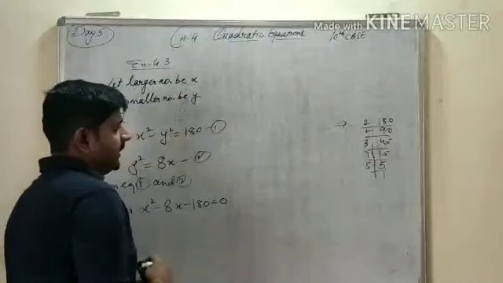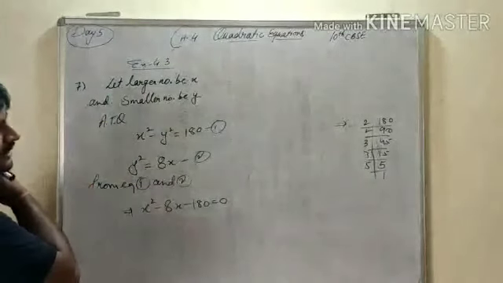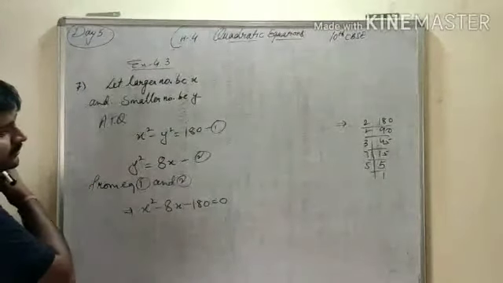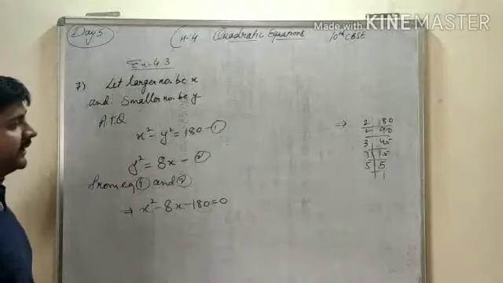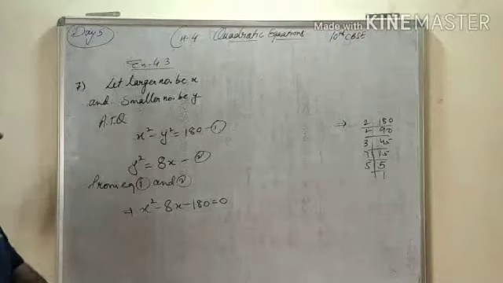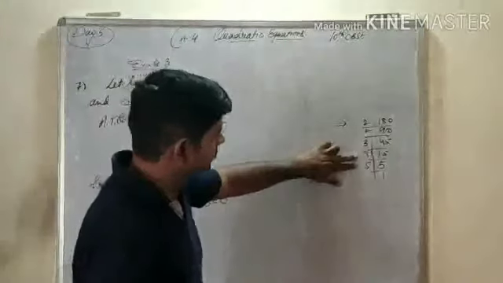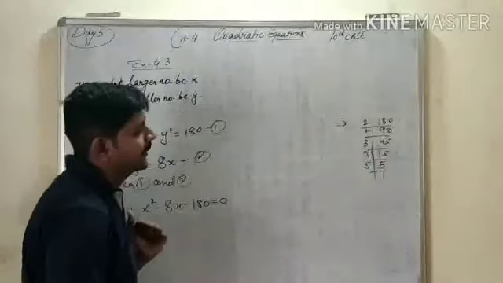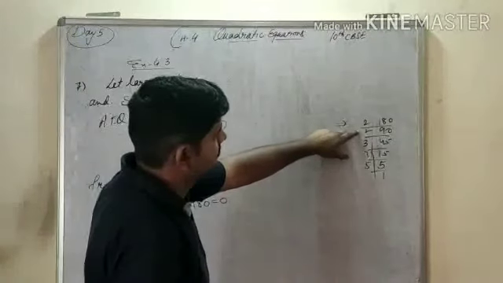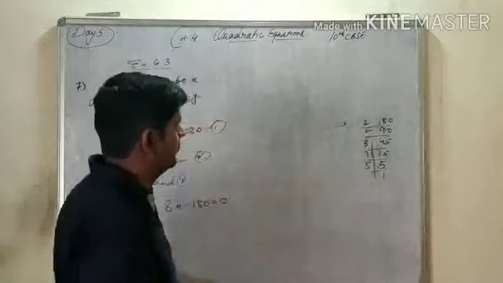So we need a difference of 8, and there are many pairs. So how to get 8? If we observe 15 and 12, not possible. 9 twos are 18, 18 and 15, not possible.